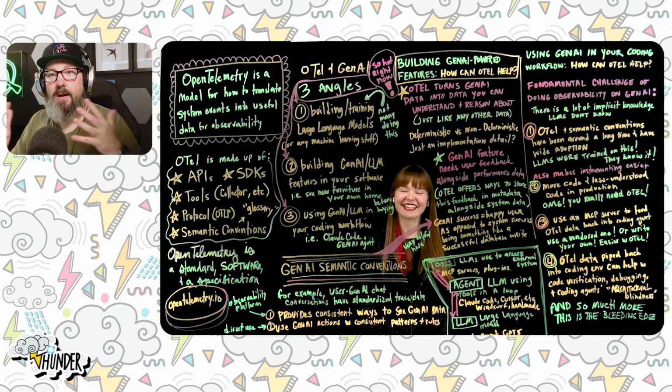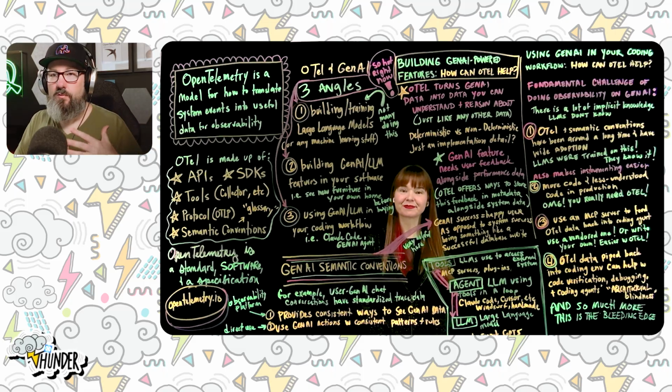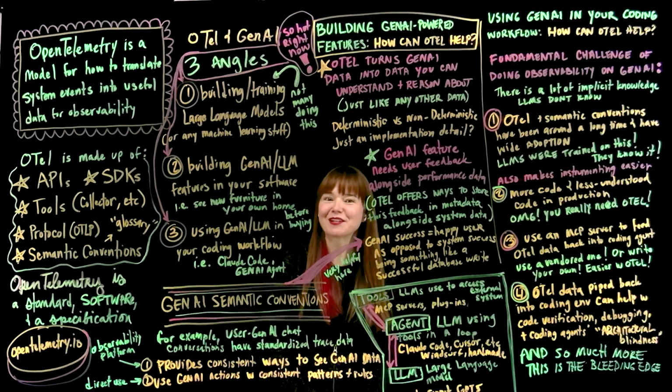For example, you do a GenAI thing and then it's like, was this correct? Or did you like this? Yes or no? With OTel, you can actually combine that, right? You can put that user feedback about yes, this was a good response, or no, that was a bad response, right there in the same telemetry as the performance data, right? As how many tokens it took, how many tool calls it took. Which model are you using?